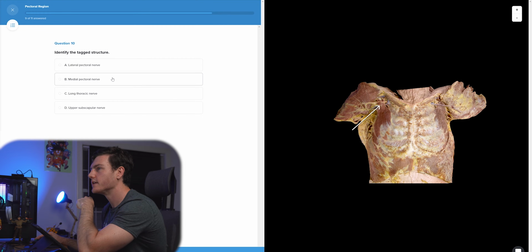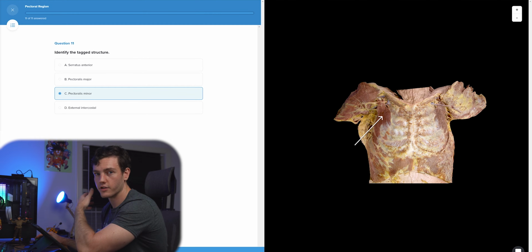I believe that's the medial pectoral nerve, because it looks like it's supplying the pectoralis minor, and I think that's what the medial pectoral nerve supplies. We'll see. All right, and then last, I believe that's pointing to the actual pectoralis minor muscle, which is underneath your pec major, if you didn't know that.